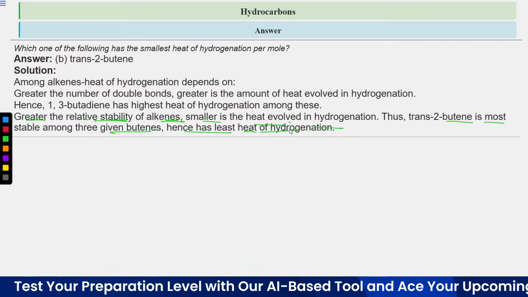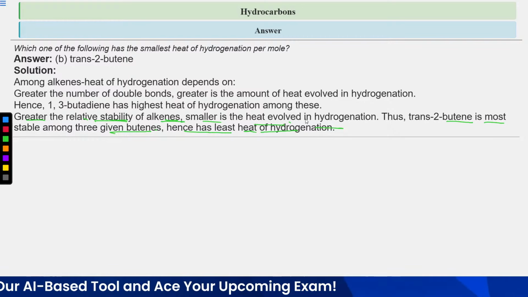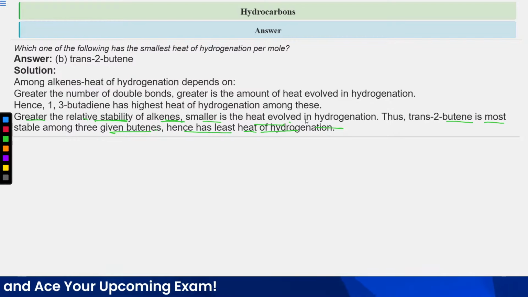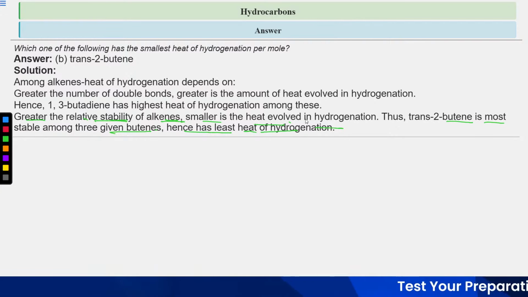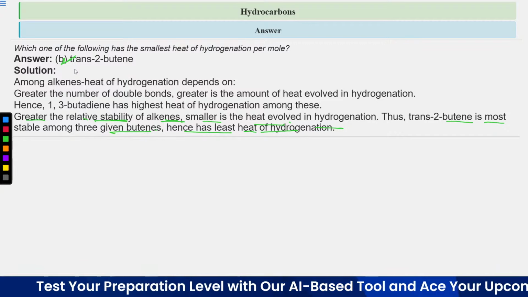As the stability of the alkenes increases, the heat evolved in hydrogenation decreases, and the most stable among the given butenes is trans-2-butene. That is why it will have the smallest heat of hydrogenation per mole, and that is why our correct answer is option B.